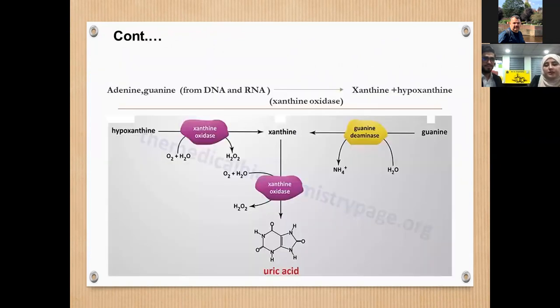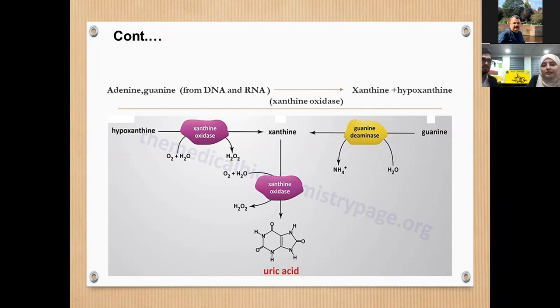This figure shows the mechanism of how adenine and guanine convert to uric acid. Adenine and guanine, as we said, are present in our DNA and RNA. Xanthine oxidase is the enzyme present in our body. It converts adenine and guanine to xanthine and hypoxanthine, and then to uric acid, which is responsible for gout.